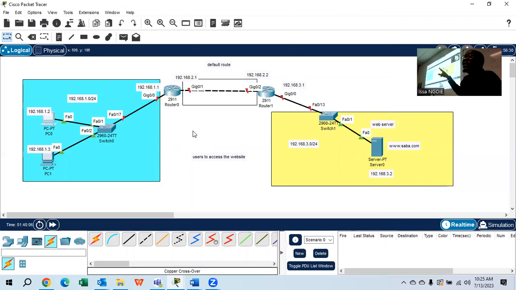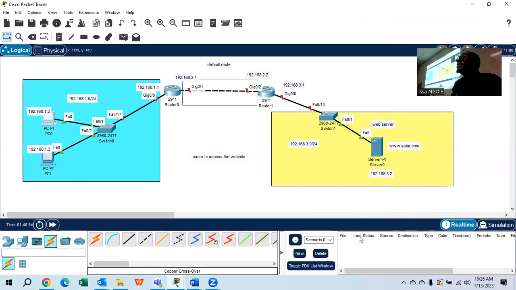Because those computers are trying to communicate locally. When they are communicating locally, they don't need the default gateway. You understand that? That's why the ping works. Why? Because they are communicating locally. They don't need to go outside. They will need this default gateway when they want to communicate to the rest of the networks.